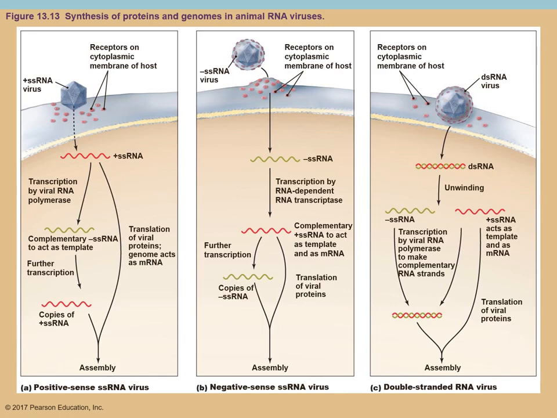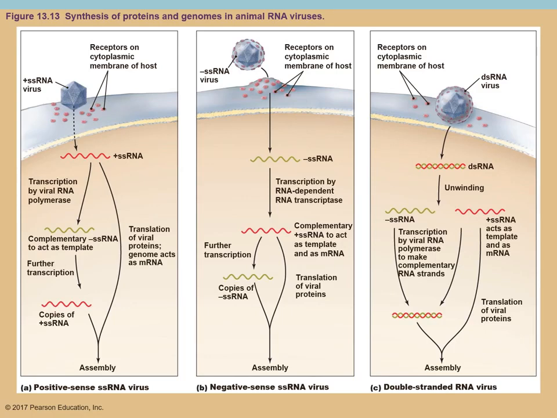Now, what's going to happen in terms of making copies of it, not of the protein, but of the single-stranded RNA itself, you're going to use this initial positive single strand as a template, and you're going to make the complementary negative single-stranded. And then from that, you're going to use this to have basically transcription occur. Use this as a template to make now more positive RNA. So now this, what you just made, should match what initially entered the cell.